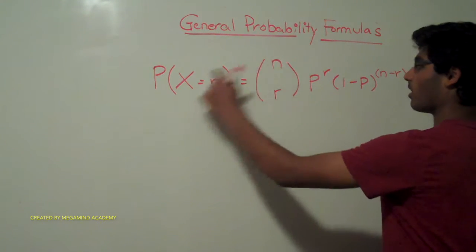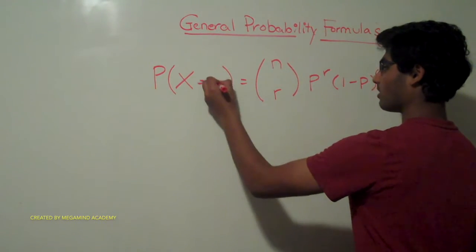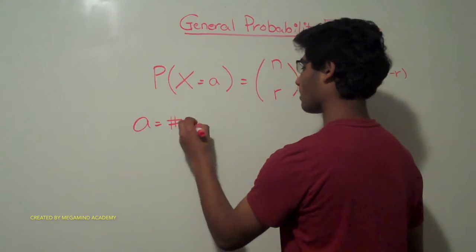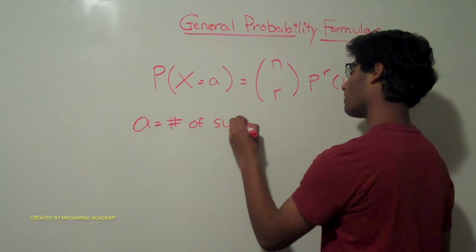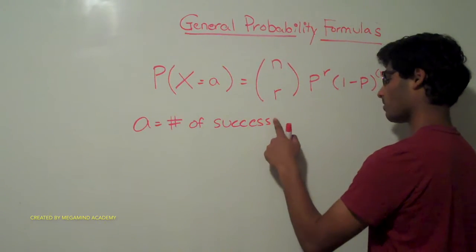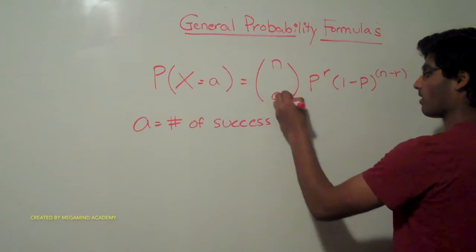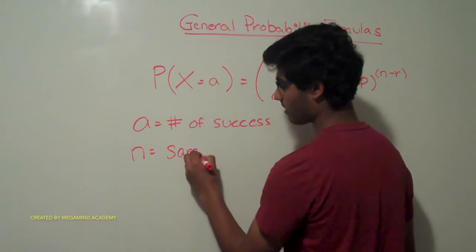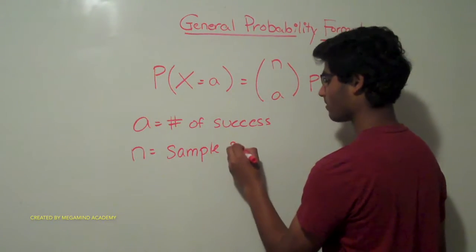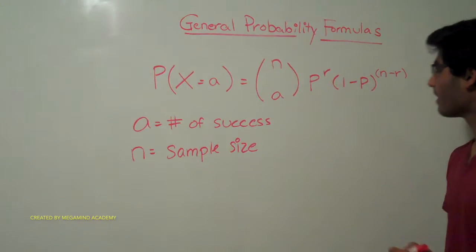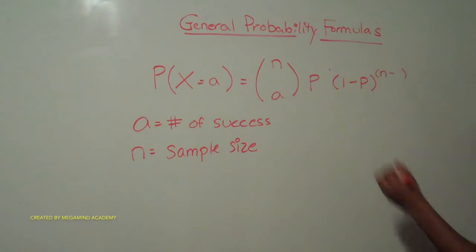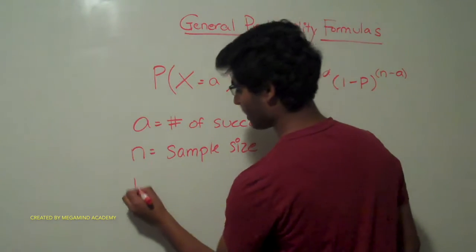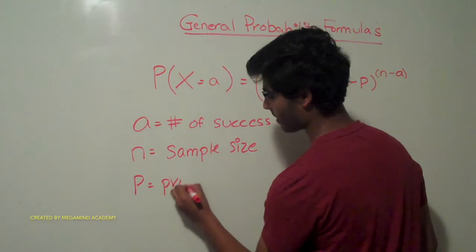So n, oh wait, this shouldn't be n. Here A is the number of successes, this should be A. And n is the sample size, and P is equal to the probability of a success.